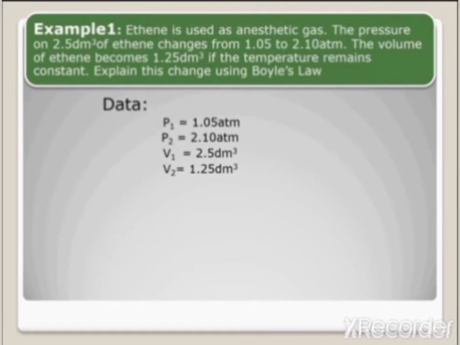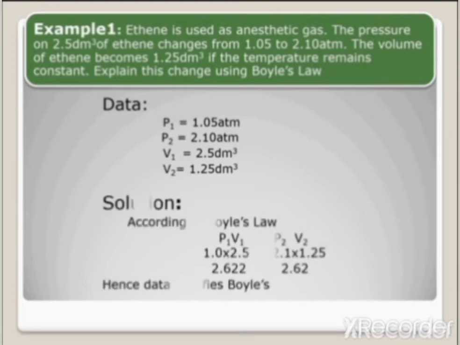First, we will write the data. P1 is the initial pressure on ethene, that is 1.05. P2 is the final pressure, that is 2.10 atmosphere. Initial volume of ethene was 2.5 cubic decimeter and the final volume of ethene is 1.25 cubic decimeter.